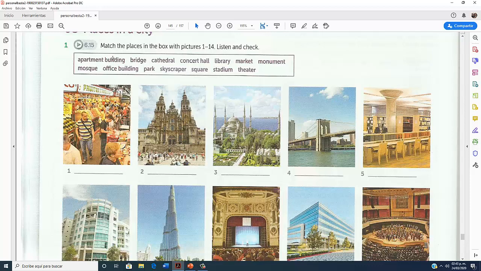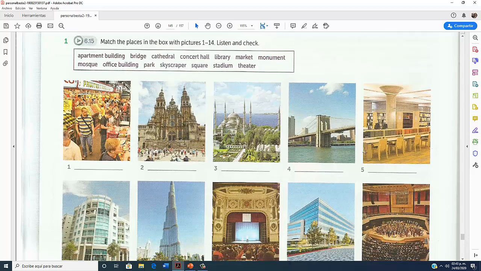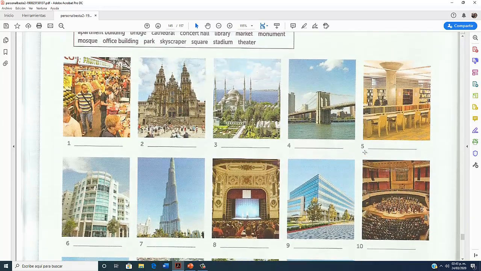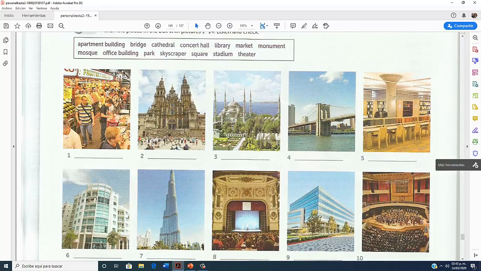First, apartment buildings, bridge, cathedral, concert hall, library, market, monument, mosque, office building, park, skyscraper, square, stadium, and theater. Theater. Alright, so let's match the places with the corresponding picture.